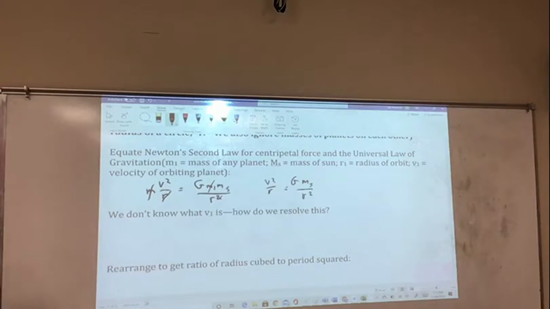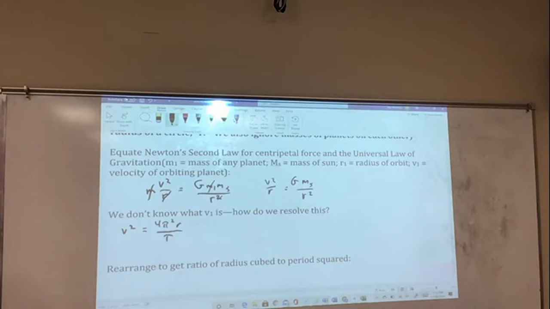Okay, now I don't know what v is. When I have a centripetal motion problem, how do I resolve the fact that I don't have the velocity? What do I convert that to? V squared is the same thing as 4 pi squared r squared over the period squared.